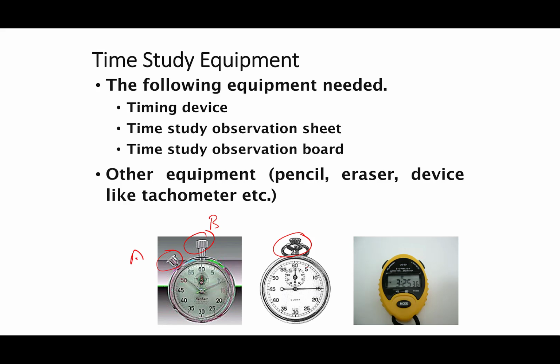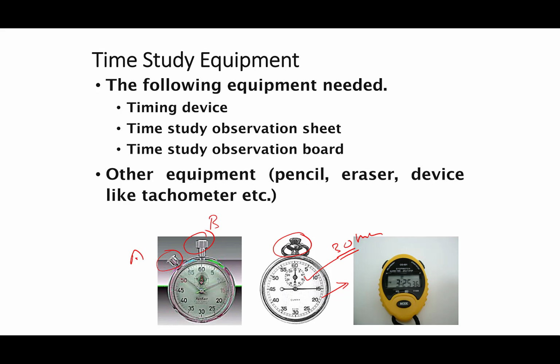As I was saying, there are different types of graduations. The small graduation shows 30 minutes, and the large one shows 6. So this is 30 minutes, and then one complete revolution is 1 minute, so the least count is 1 second.